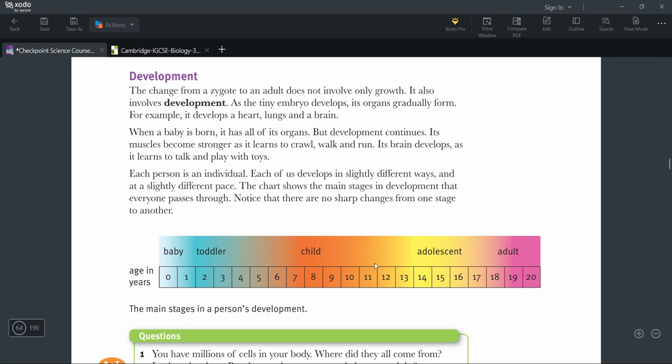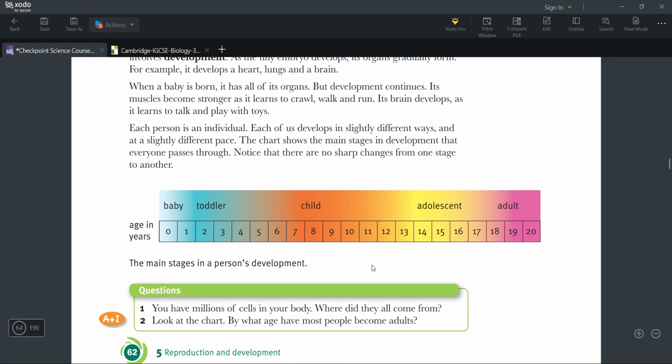But this is just averages. Development is different for everyone. It happens a bit faster for some, a bit slower for others, but in general, this is kind of where we place childhood, adolescence, and adulthood.